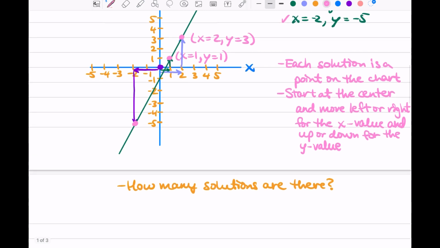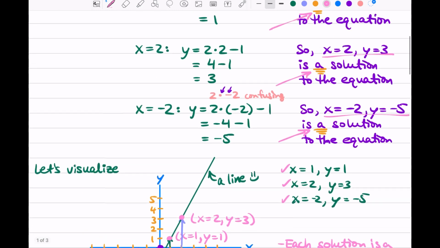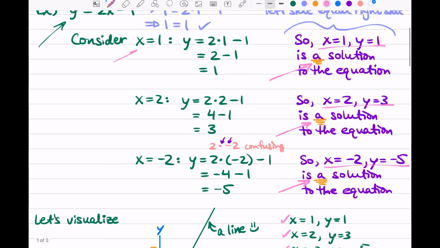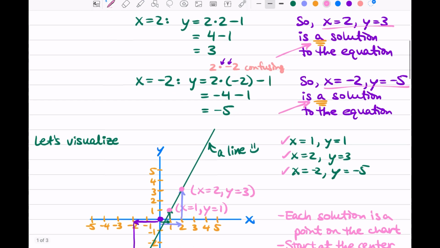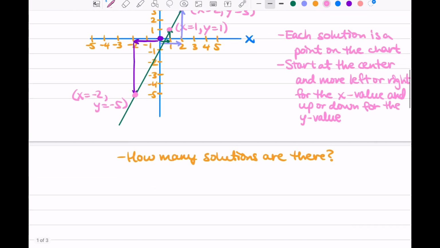Whoops, I forgot to mark our point here. X equals -2, y equals -5. Okay, so how many solutions are there? We picked 3, but couldn't we keep picking more? Couldn't we just keep picking more x's and finding more y's? We could, and we could do that forever.